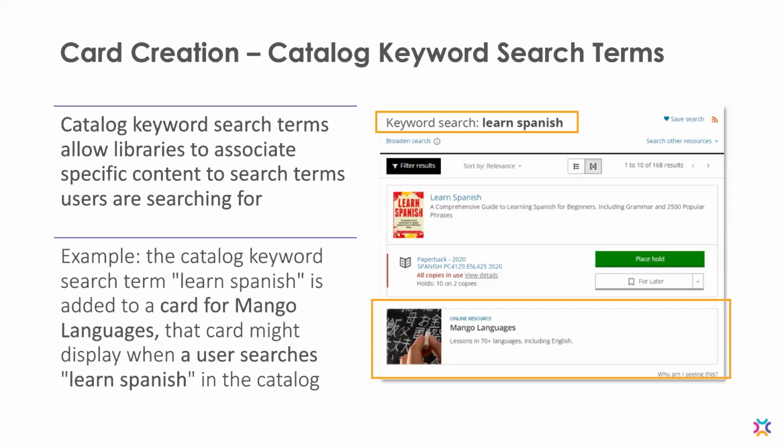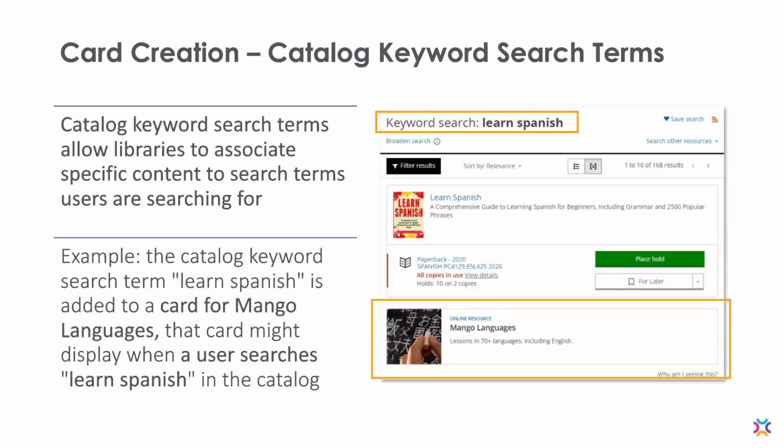So, in some cases, you may just end up leveraging what we call the catalog keyword search terms, where you are brainstorming what you think patrons are going to search for in the catalog, and then you want a particular card to show up. So this Learn Spanish is exactly what you're after. When someone types in Learn Spanish in the catalog, you would see this online resource card for Mango Languages.